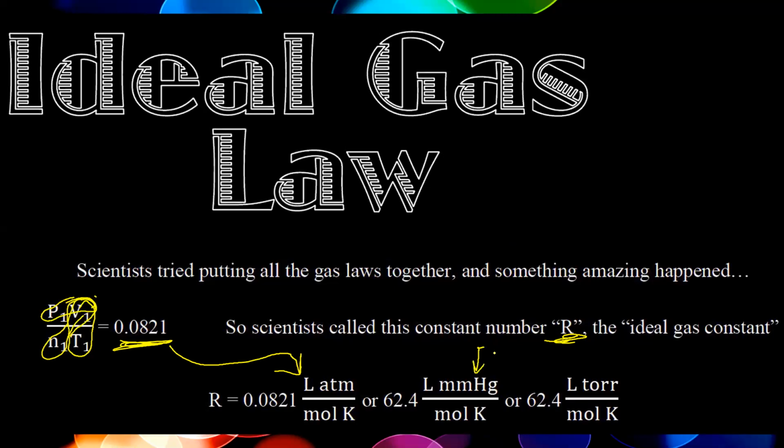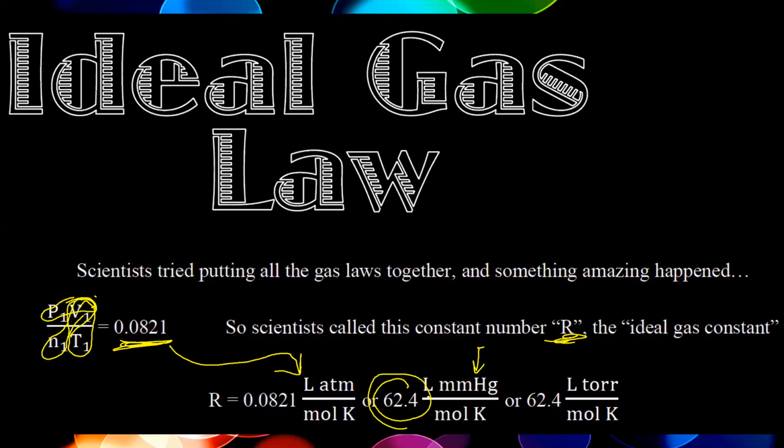Well, if instead of atmospheres I'm using millimeters of mercury, I would always get this number, 62.4, always. So depending on what I'm measuring, I get an actual different number, but it's just because I'm measuring in a different label, not because I'm doing any different math. So the difference between atmospheres and millimeters of mercury is what makes the number different.